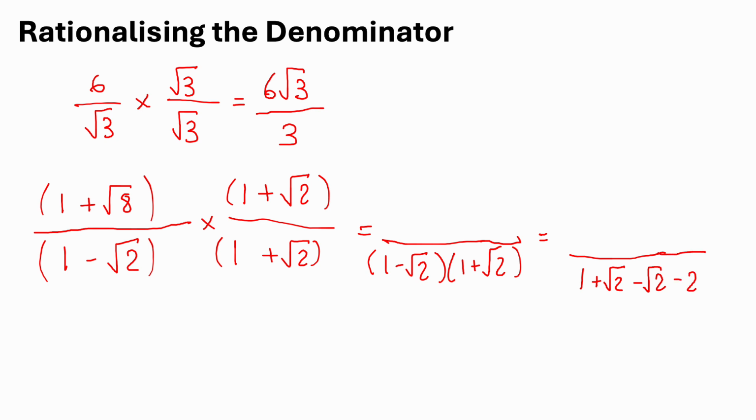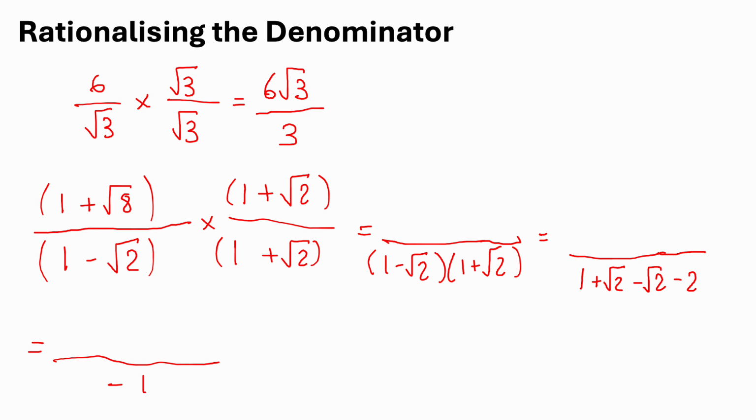And then if we were to collect terms, 1 and minus 2 would be similar terms to collect. So 1 minus 2 is minus 1. And then plus root 2 minus root 2 will cancel out each other, because plus root 2 minus root 2 is essentially 0. So then we're left off with minus 1 at the bottom.